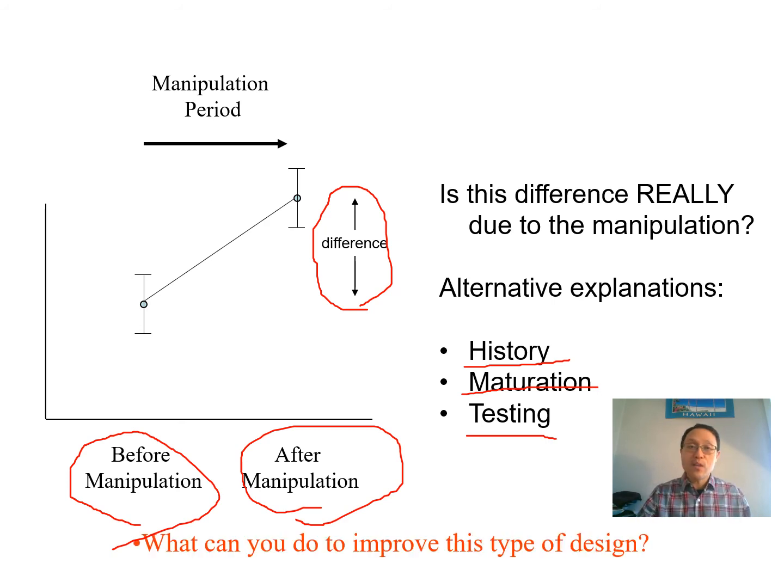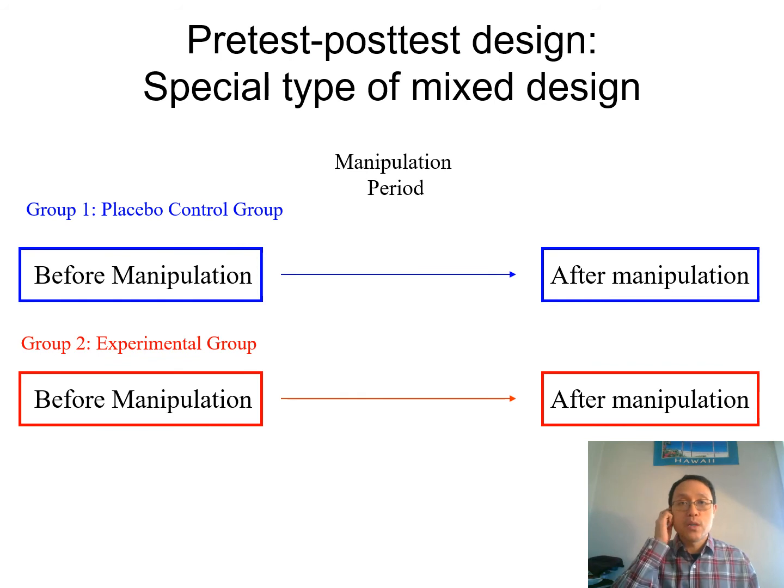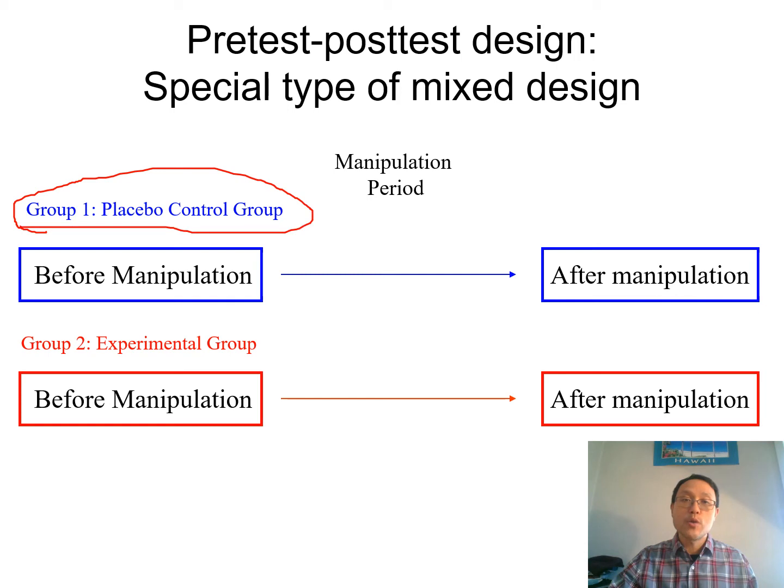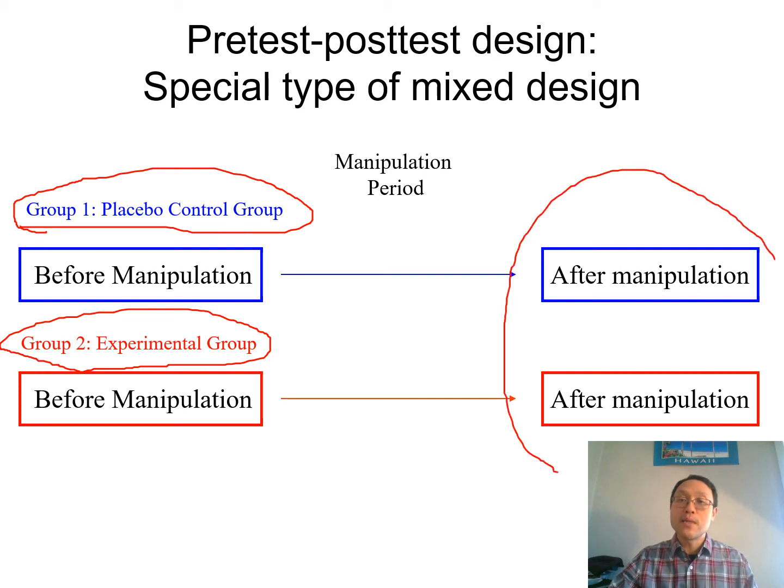Well, there are methods to rule this out and improve this type of design. This uses something called a mixed design, in which you have group one, a placebo control group, and group two, an experimental group, and both of these groups go through a manipulation period, and then you look at their performances between the control group and experimental group, right?